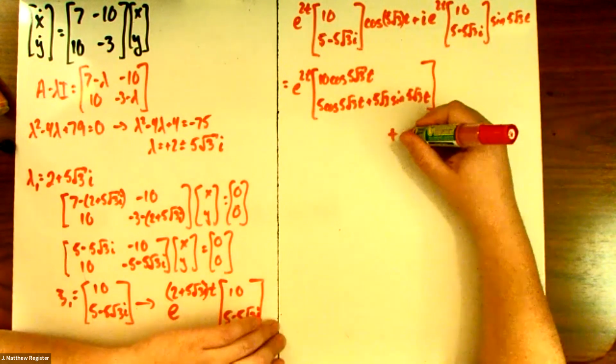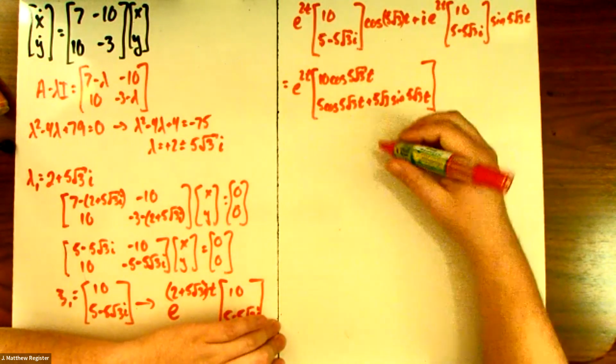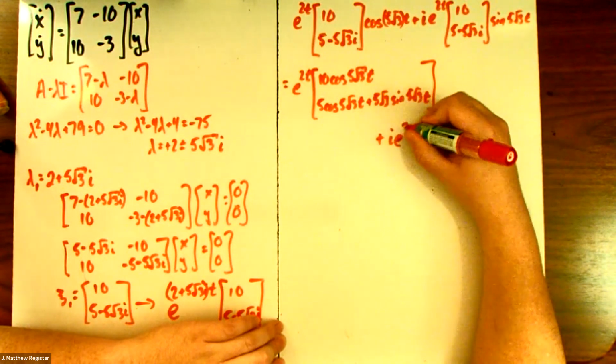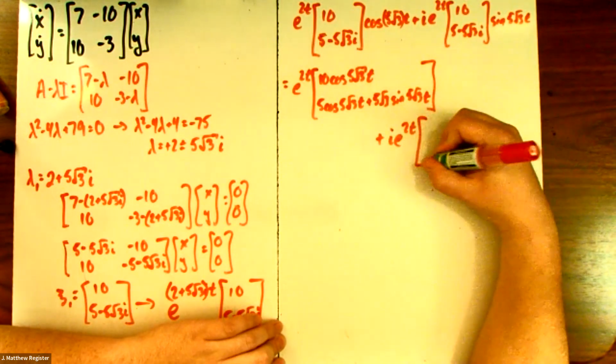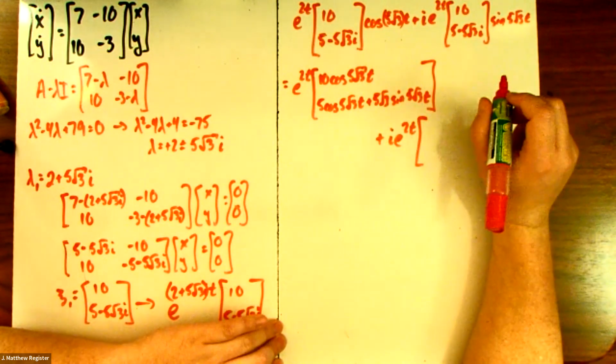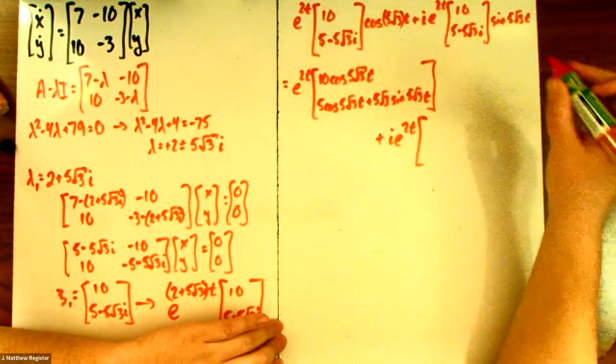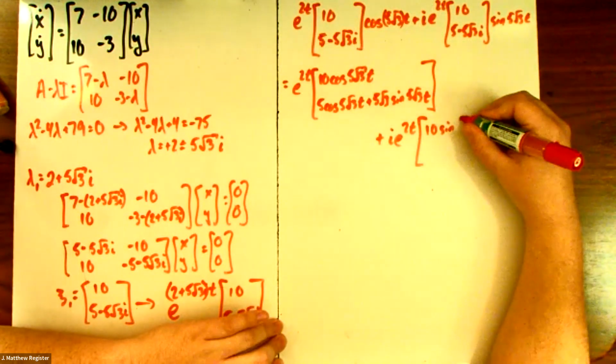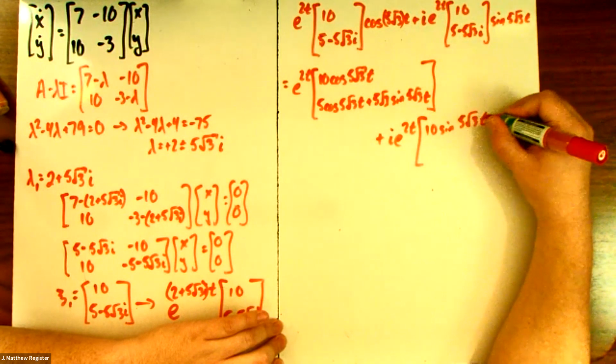Plus, and then we're going to have our imaginary part, e to the 2t. And then the imaginary part on the top is just going to be the 10 sine term, sine of 5 root 3 t.